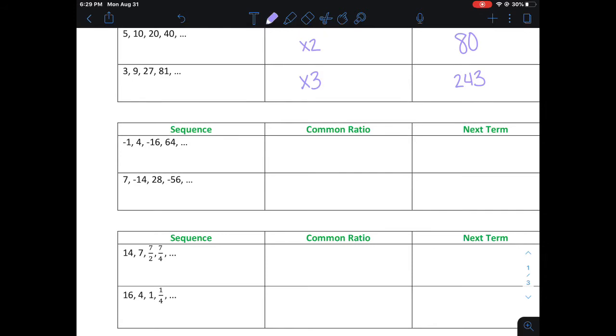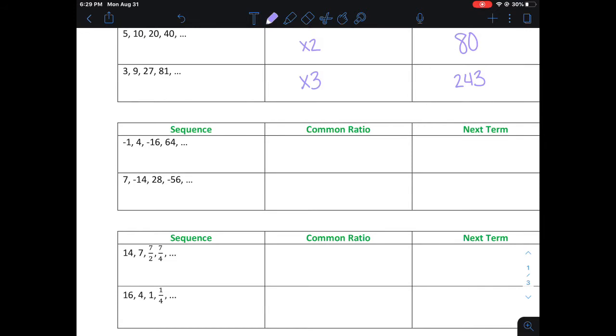And -16 times what gets us to 64? Well, I definitely don't know 16 to 64. That's a pretty big jump. I can't do that in my head. But I do know that -1 to 4, I'm definitely multiplying by 4. And then 4 to 16, definitely multiplying by 4.